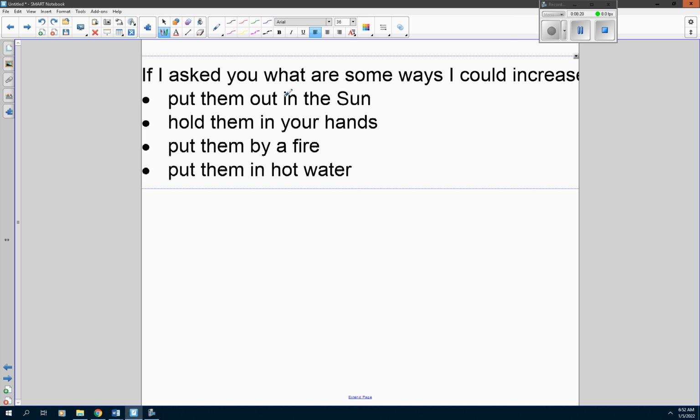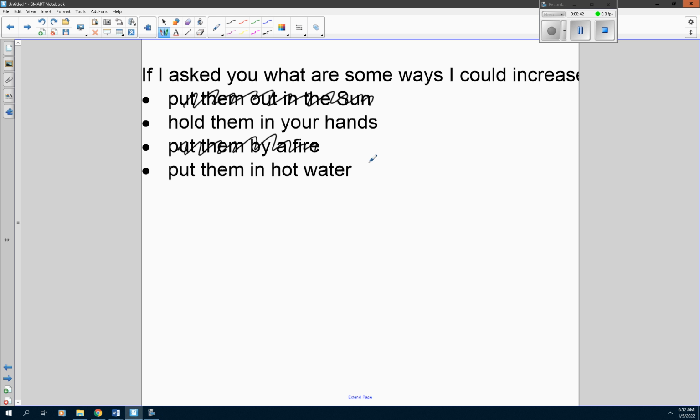However, some of them we're going to have to eliminate for right now. For now, we're not going to talk about how energy from the sun via light or photons can cause a temperature change. We're going to eliminate that one from our conversation right now. We are also going to eliminate putting the car keys by a fire, because believe it or not, car keys being heated from a fire is a very similar method to the car keys being heated by the sun.